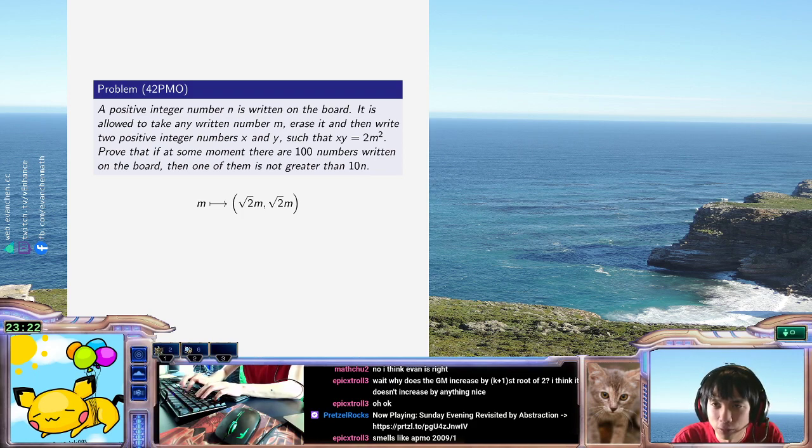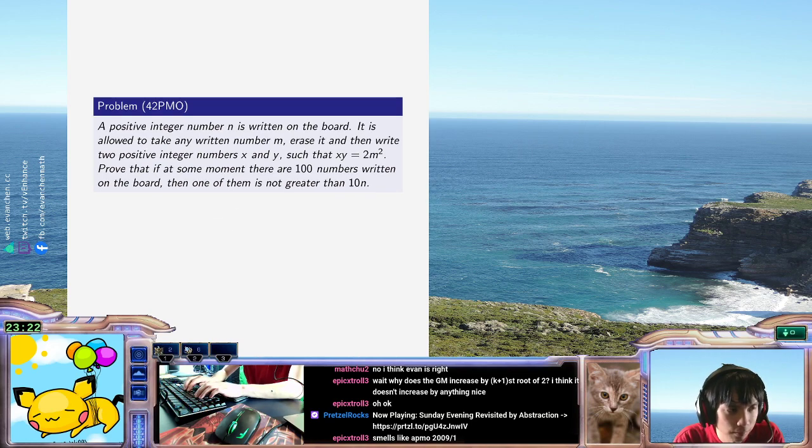Smells like APMO 2009. I don't know if I've done that one. Yeah, I don't think I've done that one. So I should just solve this problem and then look at the APMO problem.